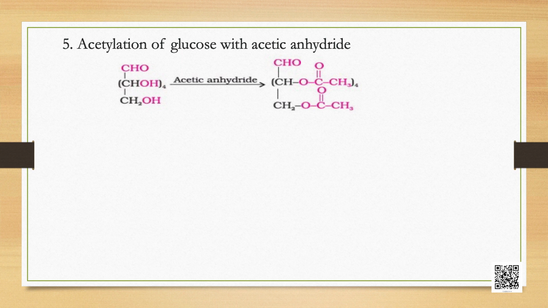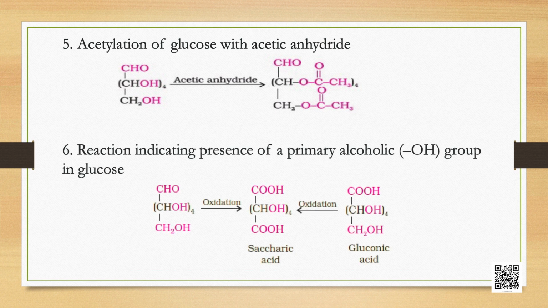Since it exists as a stable compound, 5 OH groups should be attached to different carbon atoms. Sixth, on oxidation with nitric acid, glucose as well as gluconic acid both yield a dicarboxylic acid, saccharic acid, indicating the presence of a primary alcoholic group in glucose.